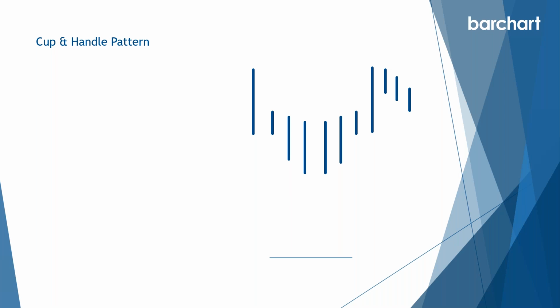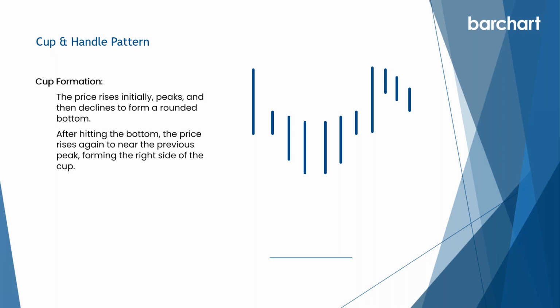They're typically located near a significant level of resistance, for example, a multi-month high or maybe the 52-week high. In the cup formation, the price rises initially, peaks, and then declines to form this rounded bottom. After hitting the bottom, the price rises again to the previous peak, forming the right side of the cup.